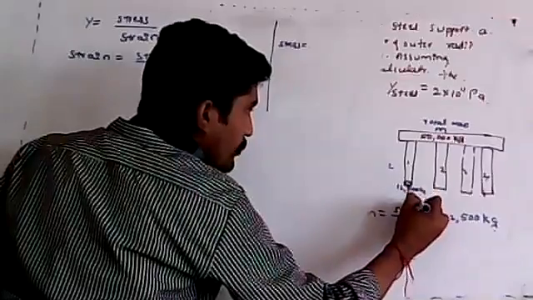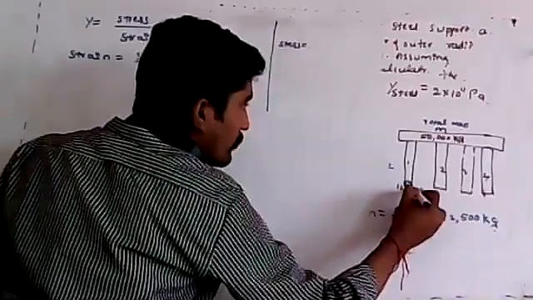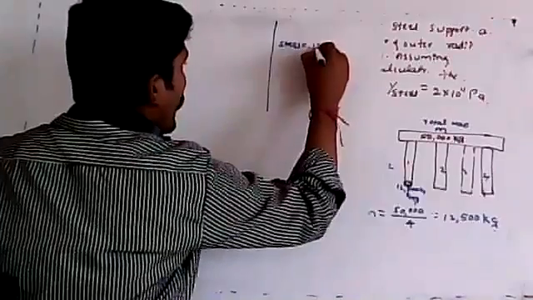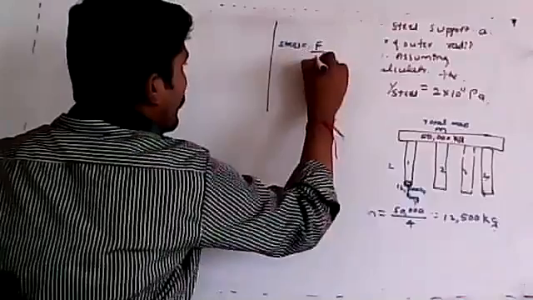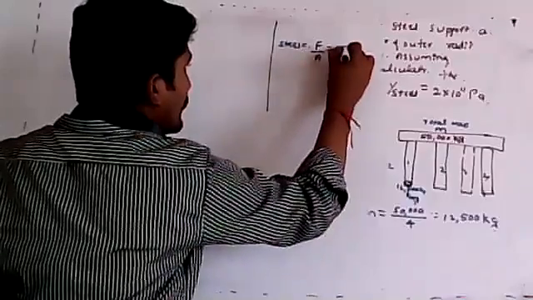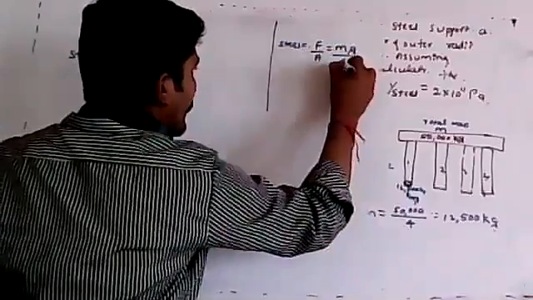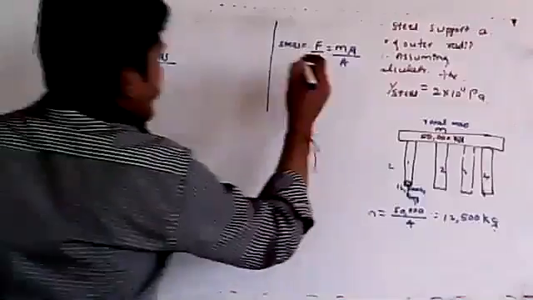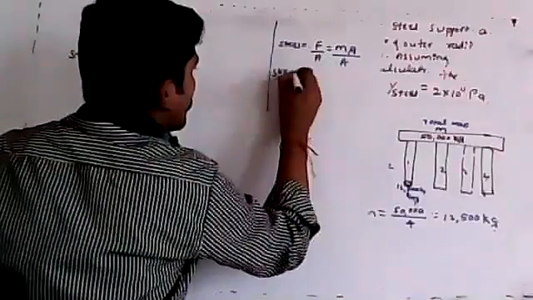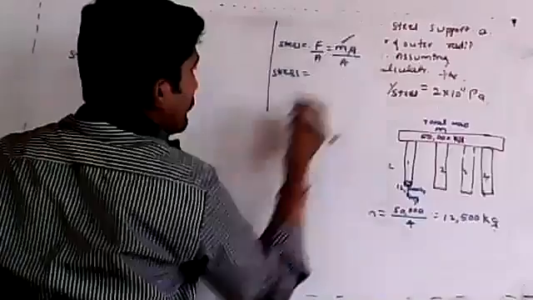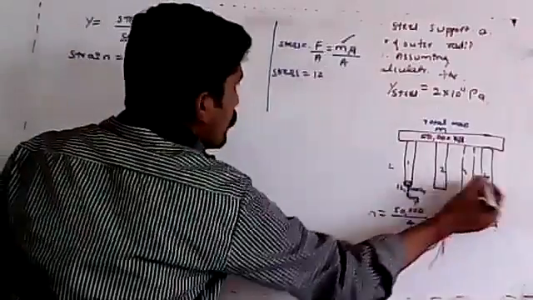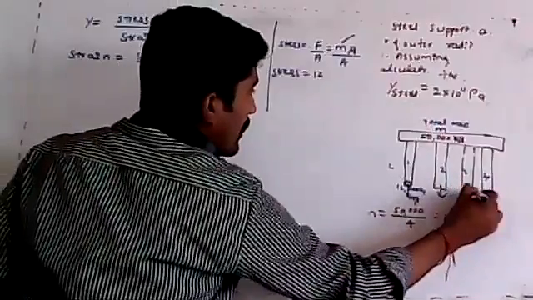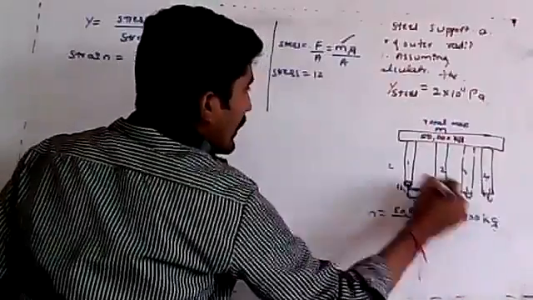So stress is F by A, where F is m into g, and m is 12,500. The mass of each column is m, and you can take any one.